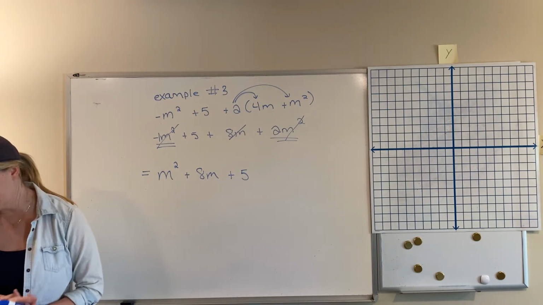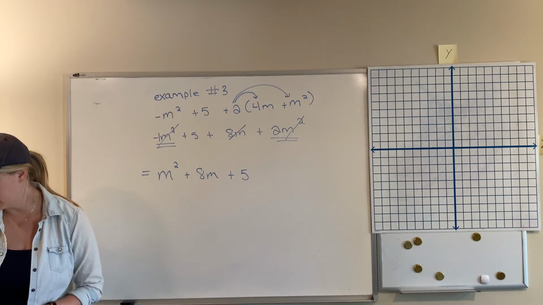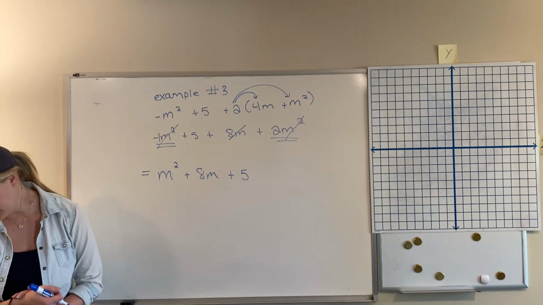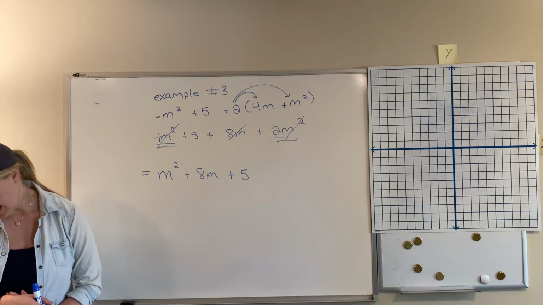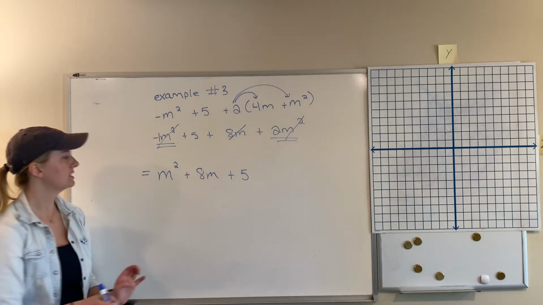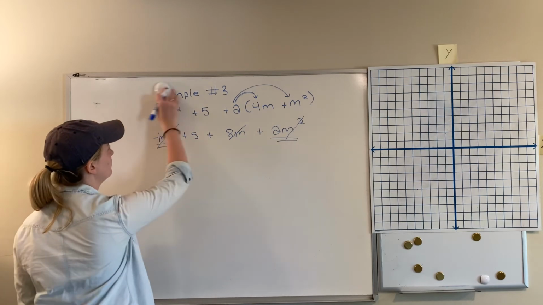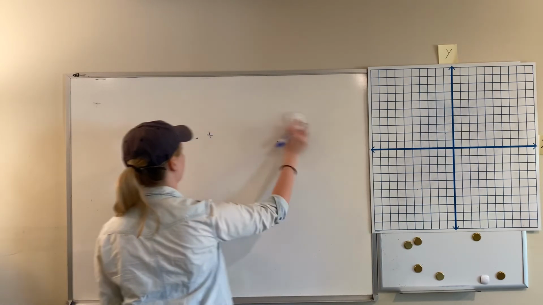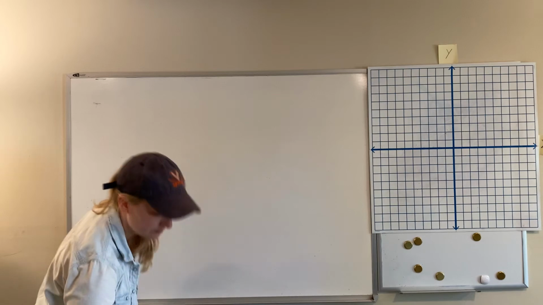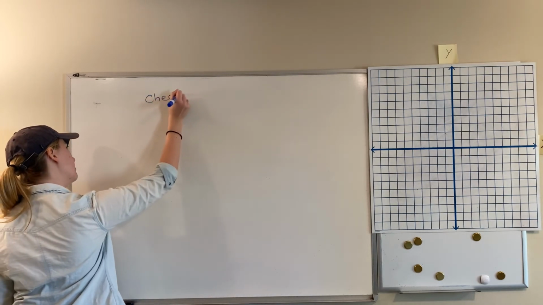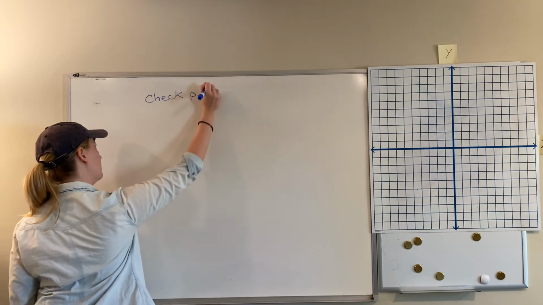Alright, let's do one of our checkpoints together, and then you can start your homework because we're going to ignore example 4. Let's look at number 13 together. So checkpoint 13.